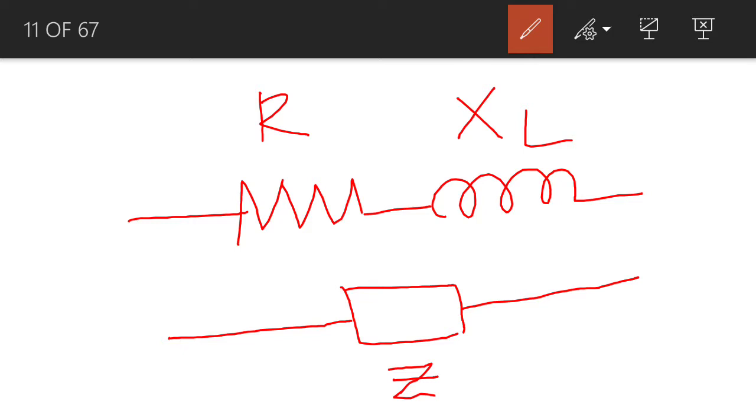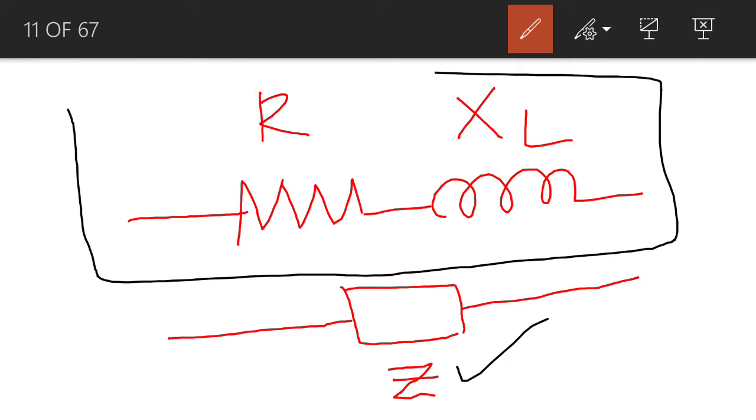So Z is basically equal to the total resistance of this series circuit.